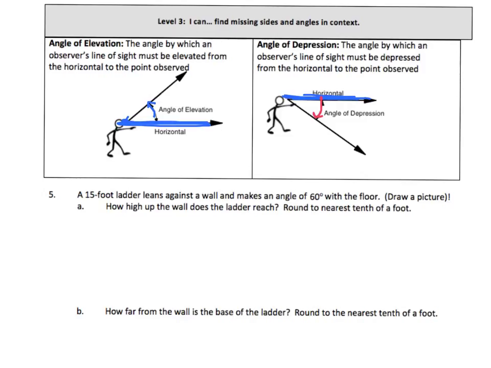Okay, number 5 says a 15-foot ladder leans against a wall and makes an angle of 60 degrees with the floor. Okay, so we've got a wall. It's a great wall. And we've got a ladder. Okay, that's 15 feet. And it makes a 60-degree angle with the floor.